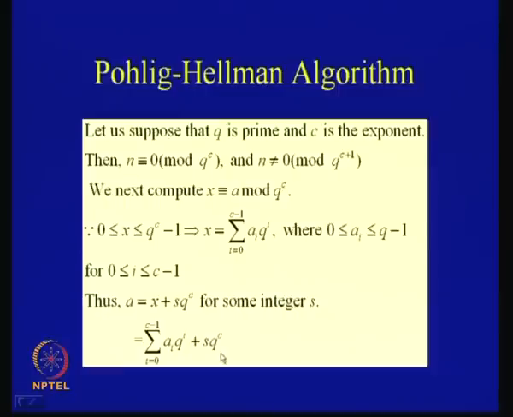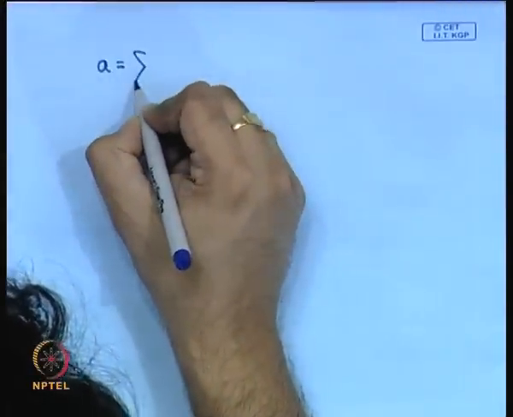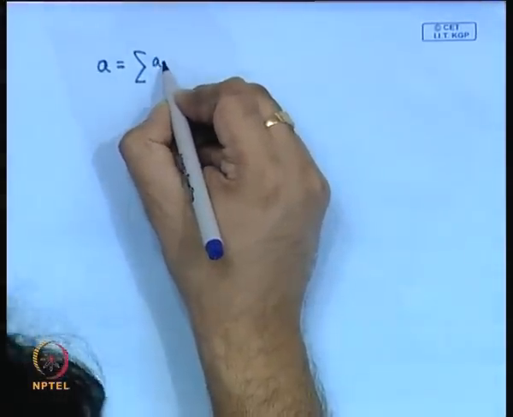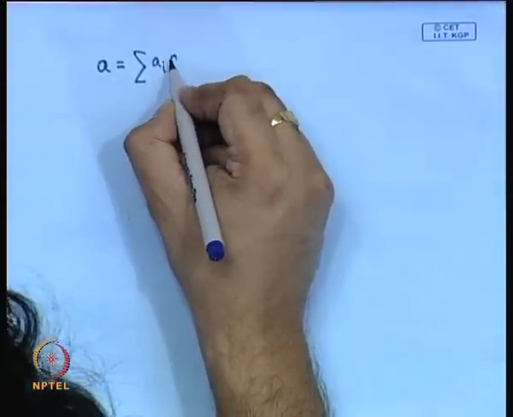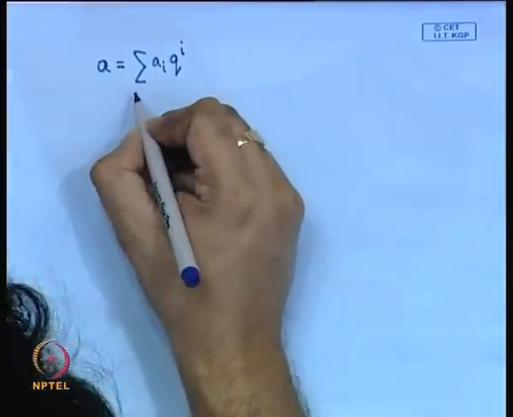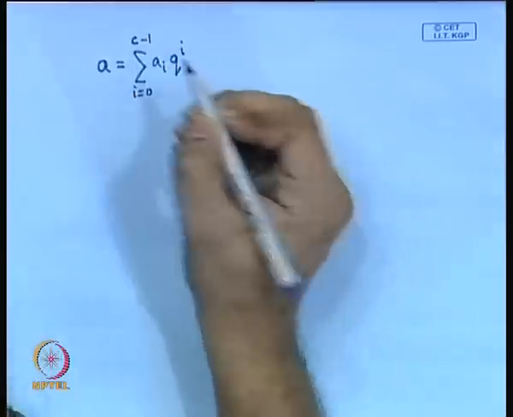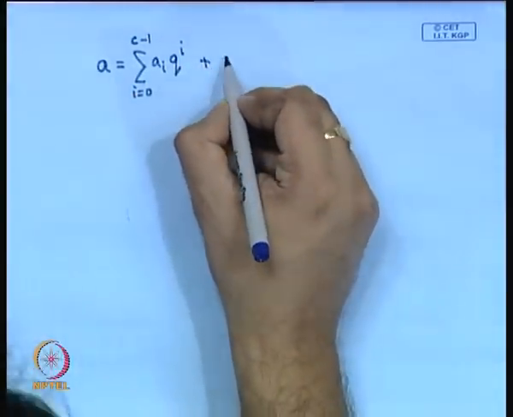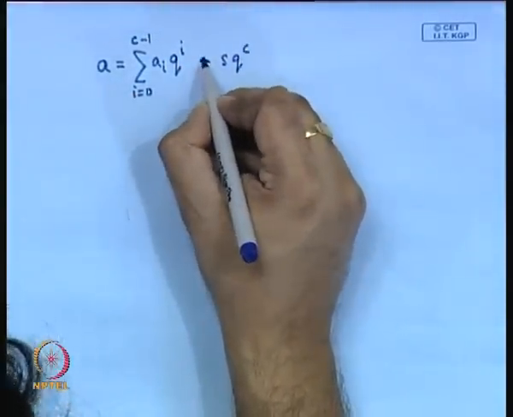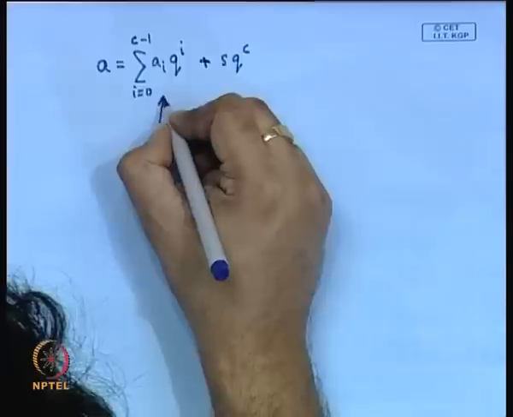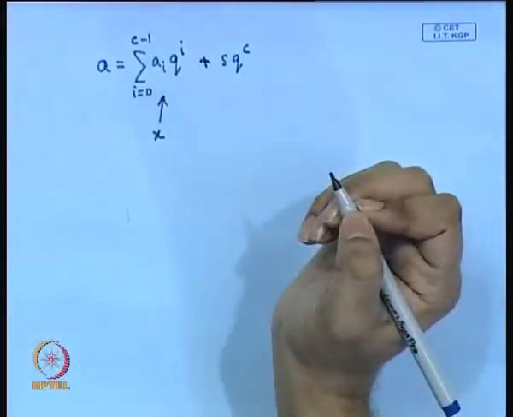So therefore your a is actually equal to sigma of ai q to the power of i, that is the value when you are ranging i from 0 to c minus 1, plus s into q power of c. So what is this value? This is nothing but the value of x.